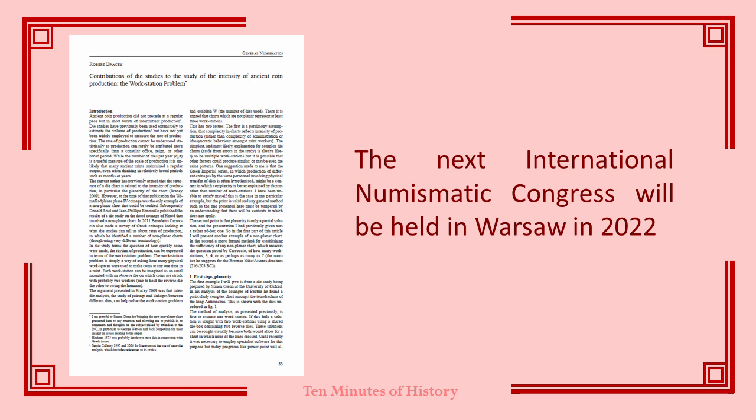The next International Numismatic Congress was due to take place in Warsaw next year, and I was kind of looking forward to seeing whether or not anybody had expanded on the subject. Unfortunately, the COVID-19 outbreak has been particularly disruptive to academic conferences, and this one has been postponed until 2022. So I'm going to need to show a little bit more patience.